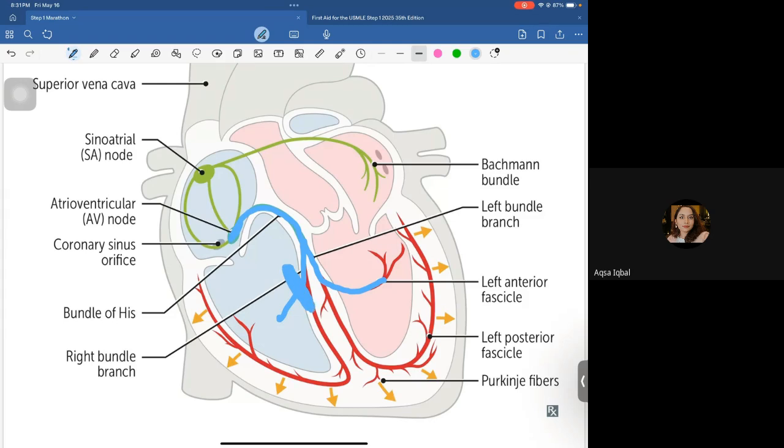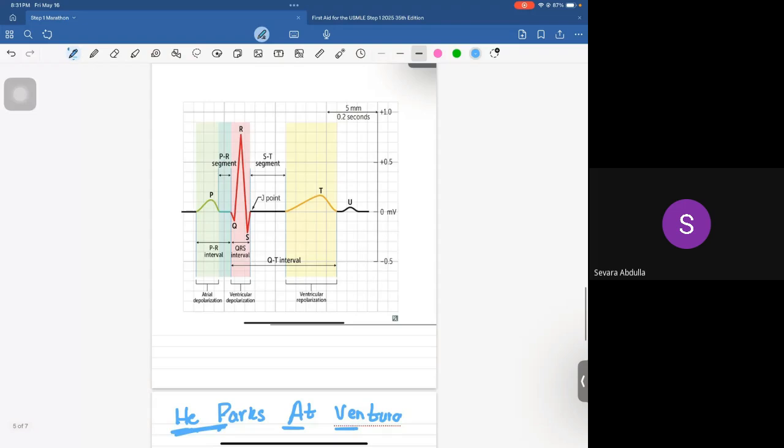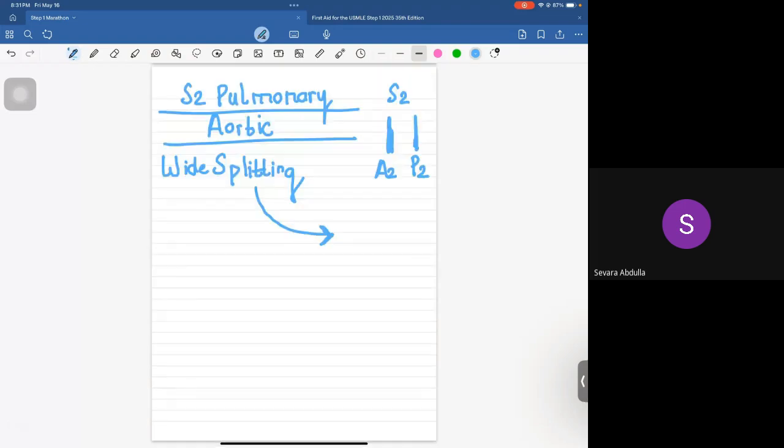Will the right ventricle contract earlier or later? Later, yes. So the closure of the pulmonary valve would be even more delayed. This is known as wide splitting. It occurs in right bundle branch block and in pulmonary stenosis. It occurs in both of these conditions, right?